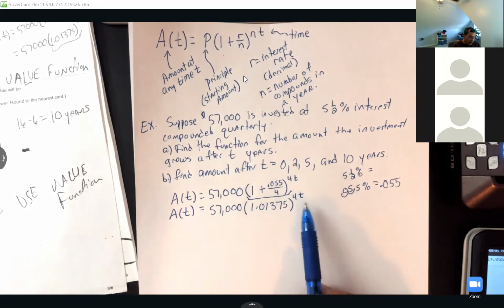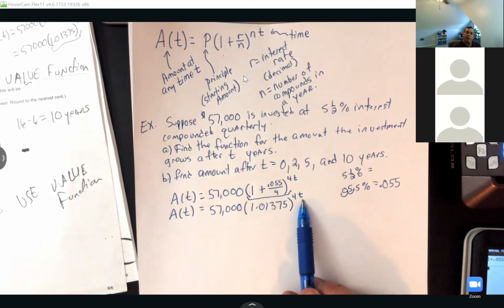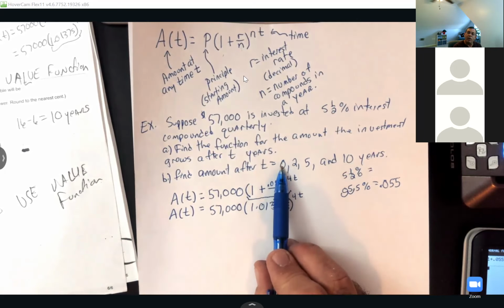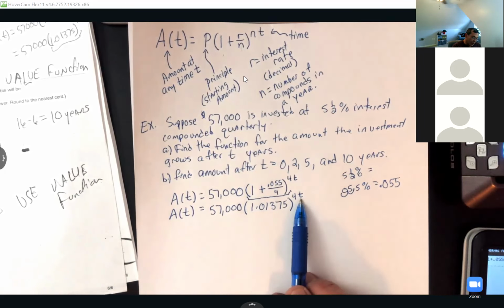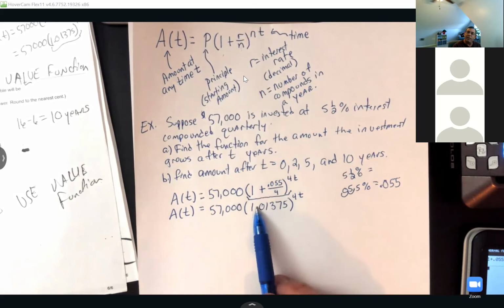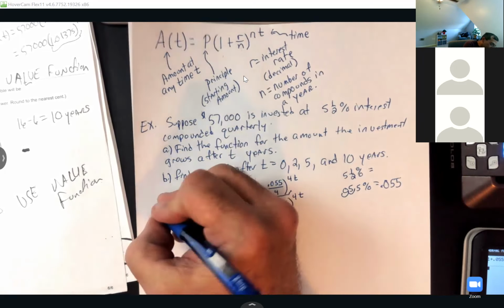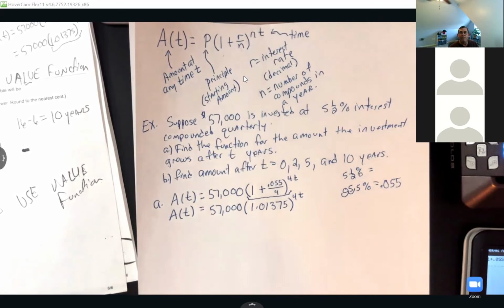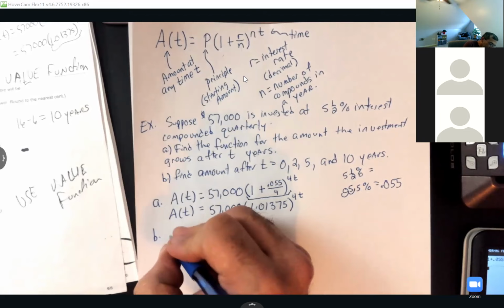So now I can put a 0 in and figure out what it is after 0 years. I can put a 2 in for the t, figure out what this equals after 2 years, 5 years, and 10. So let's try that.